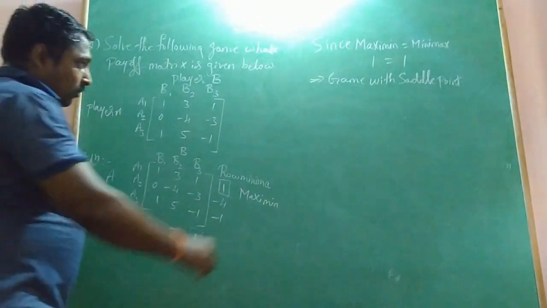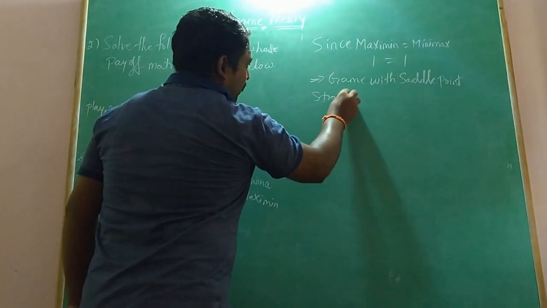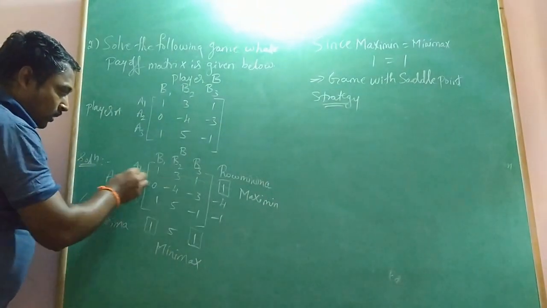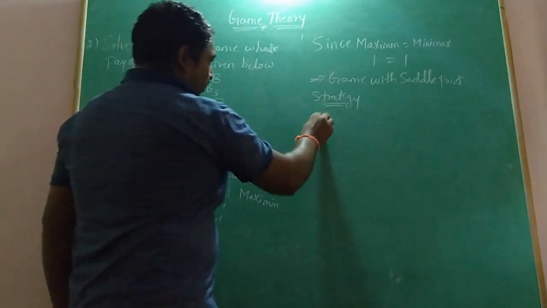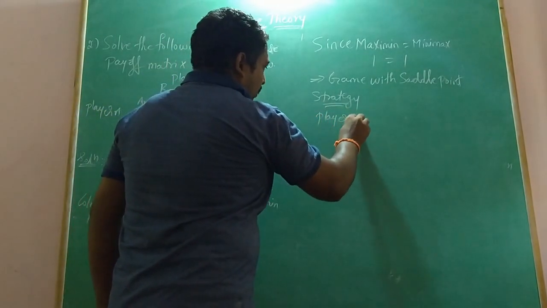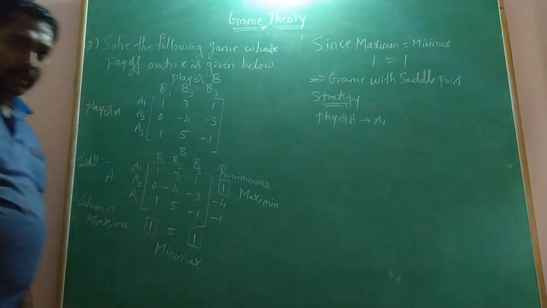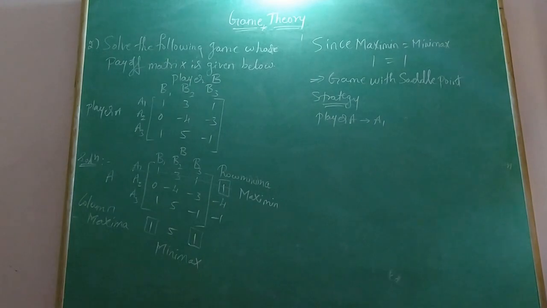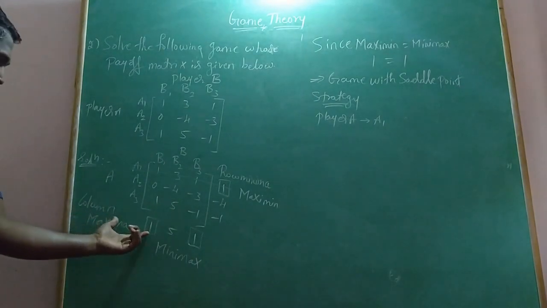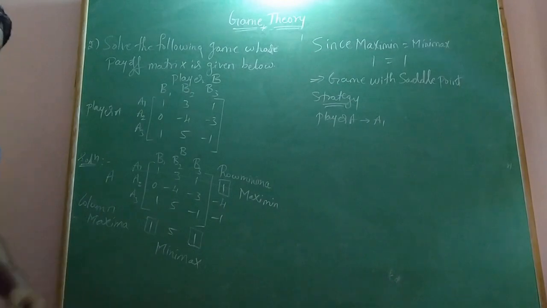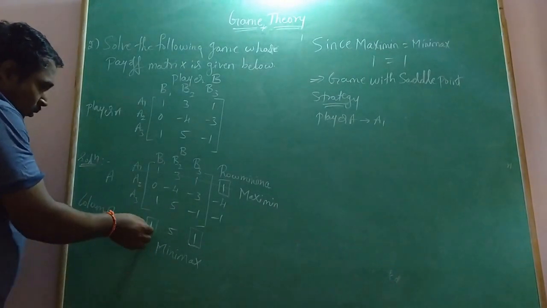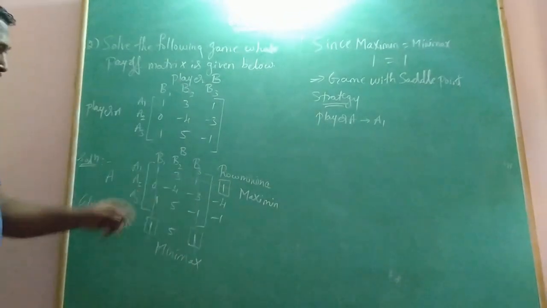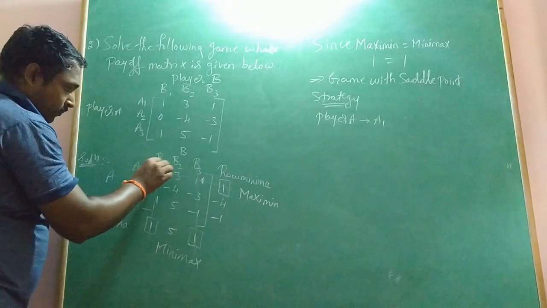The next, to find the strategy for each player: corresponding to the maximin value, the strategy is A1 for player A. For player B, the column player, since the minimax value we have both here and here, we have to draw two vertical lines. The intersection point will be the value of the game.